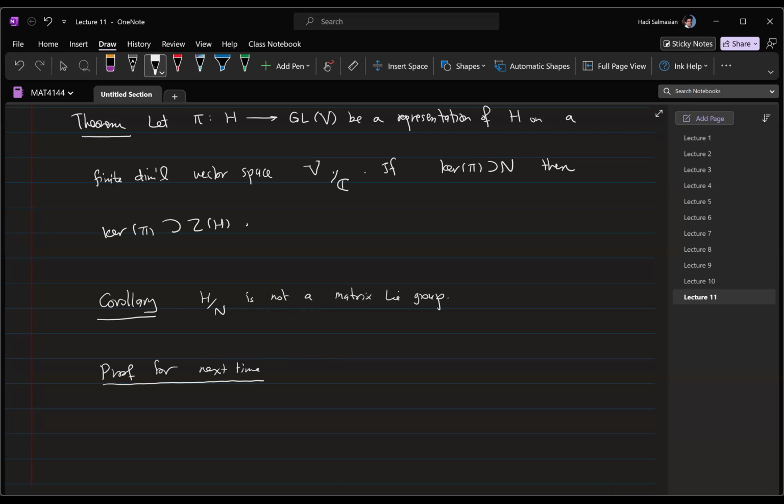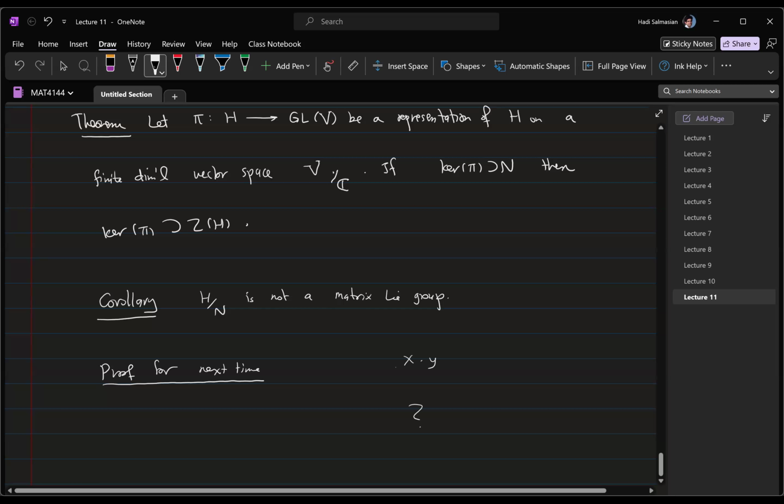And after that, we will move on to explore Lie groups which are not necessarily matrix Lie groups. The first thing that comes up is a formula that describes the relation between the group operation and the Lie algebra bracket. A prototypical example of that is: how do you describe e to the x times e to the y in terms of x and y?